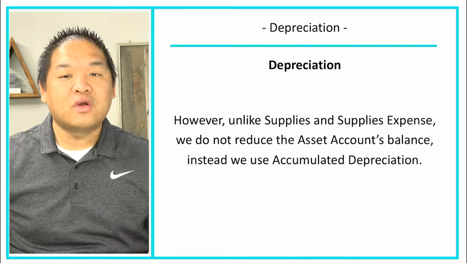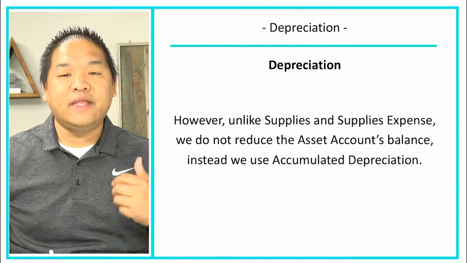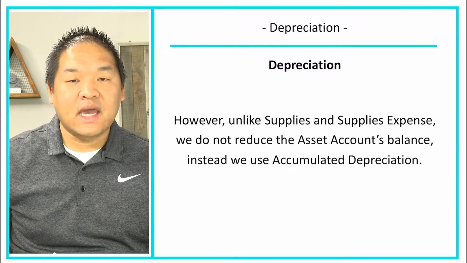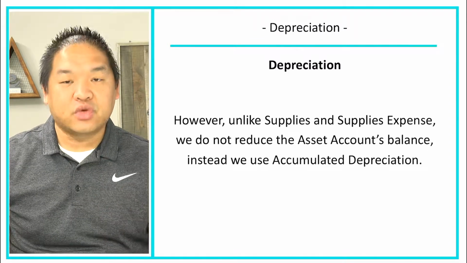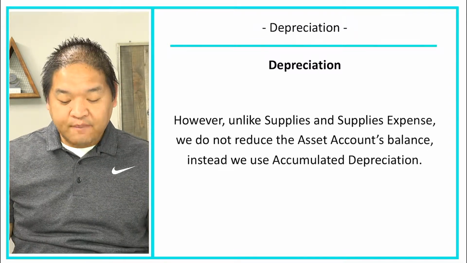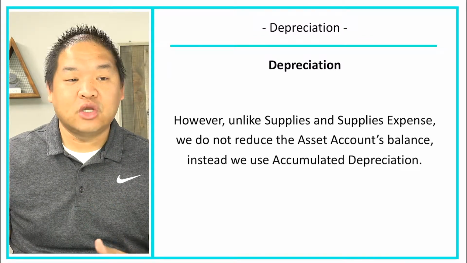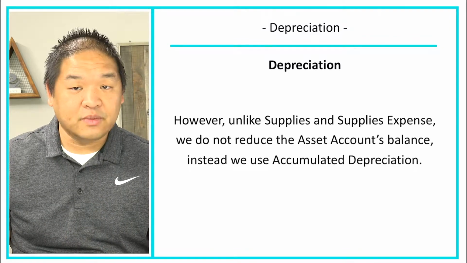However, one thing that is not like supplies and supplies expense: we never reduce an asset's account balance. Instead, we will use an account called accumulated depreciation. So what do we mean there? In the last lesson, we showed you that when supplies are used, we would debit supplies expense and credit supplies.